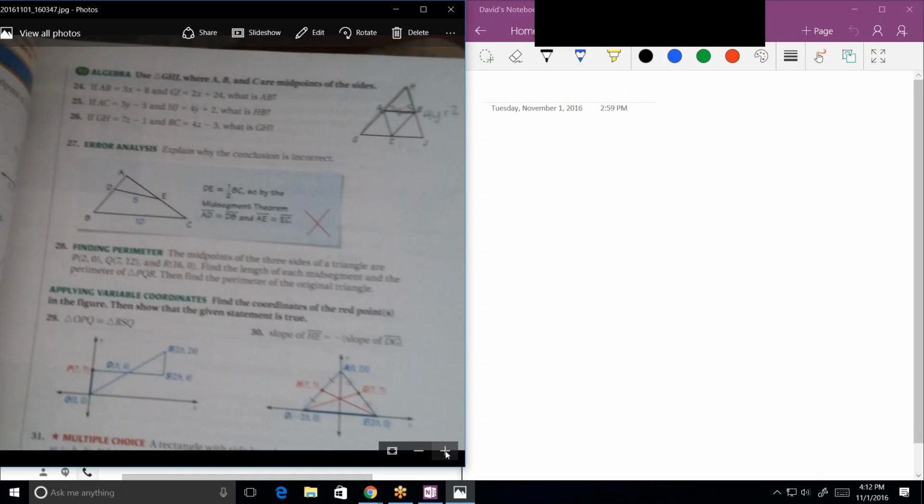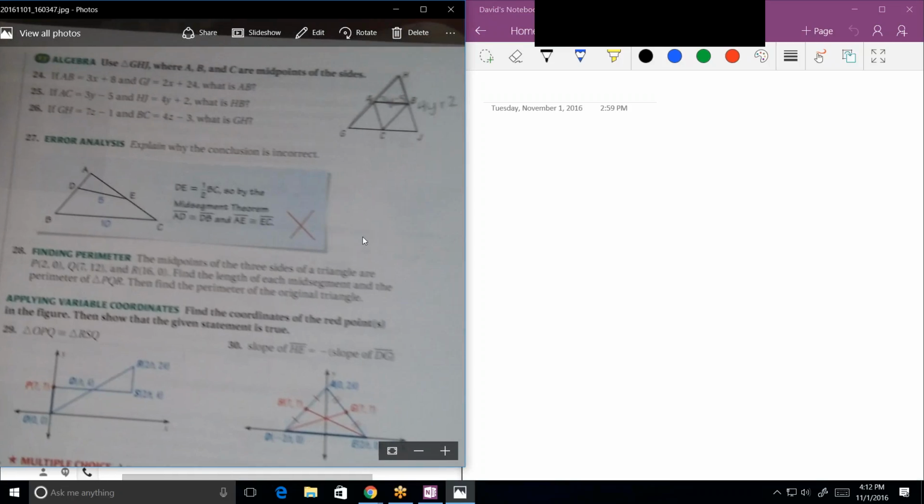Yes. All right, let me blow it up a little bit here. All right, so AB is that. GJ is 2x plus 24. What is AB equal to? All right, so what can you say?